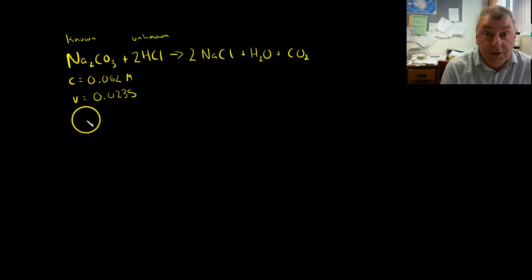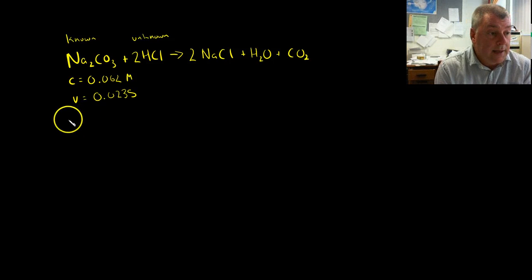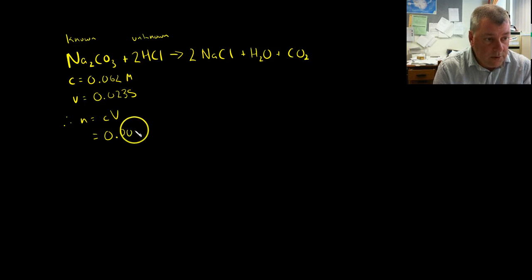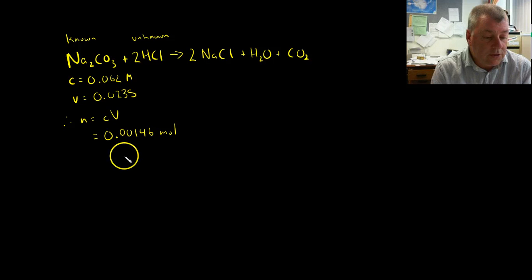Therefore, we need to convert this to moles, don't we? We use n equals CV, and that is going to give us a value of 0.00146 mole. Let's change colour now, let's go red. Hopefully that shows up alright.